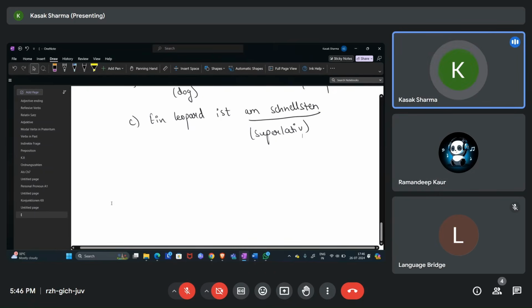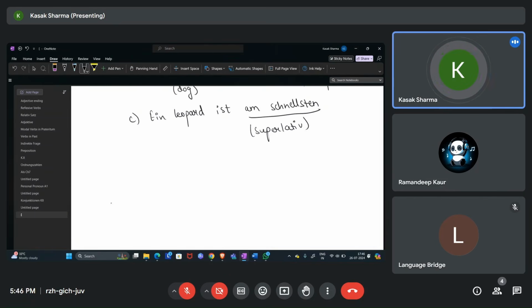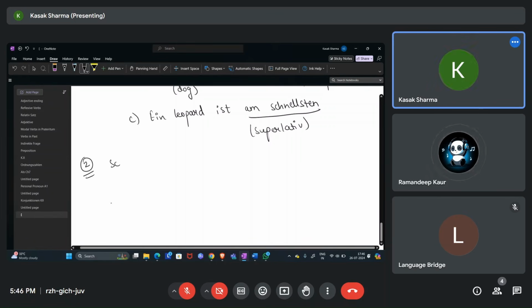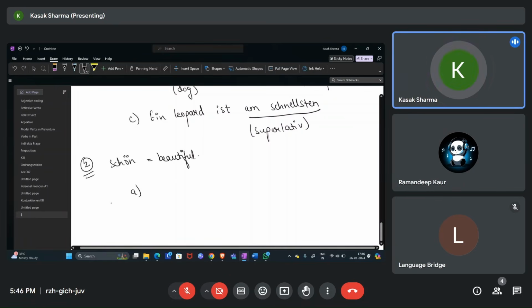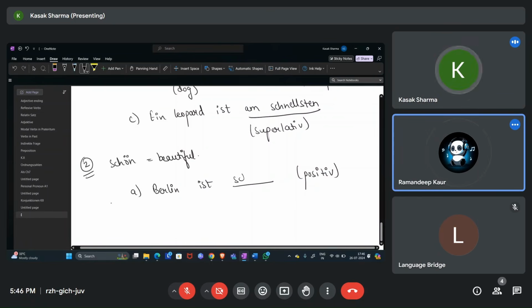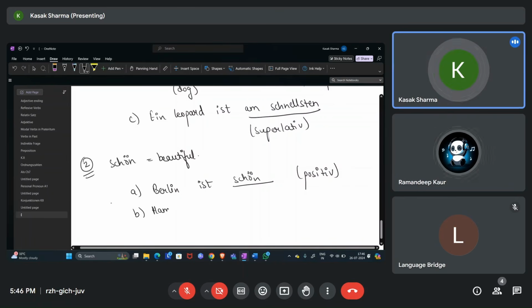Like this we do the examples of the degree of comparison. Let's take schön, beautiful. Now try this one. Berlin ist, what will it be in the positive form? Schön. Correct. Now Hamburg ist dash Berlin, it is my comparative.